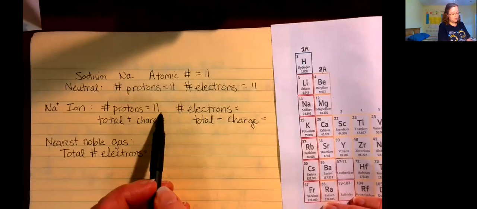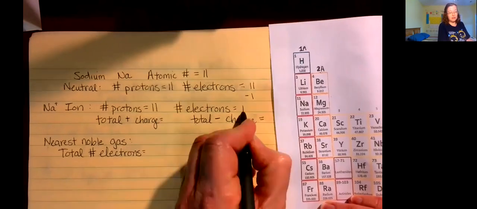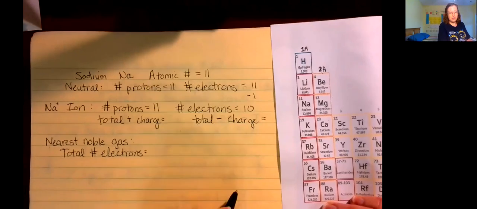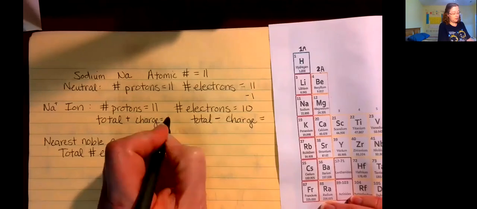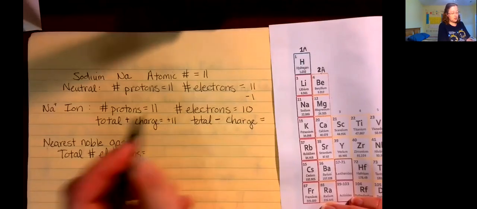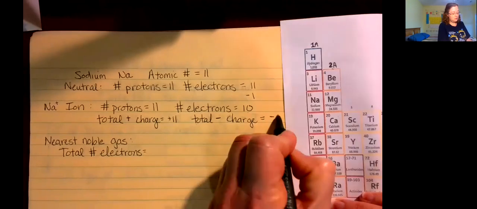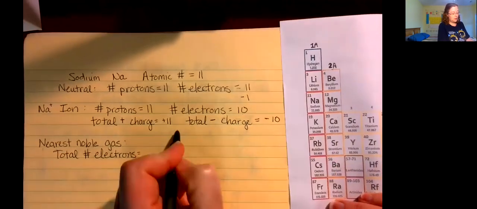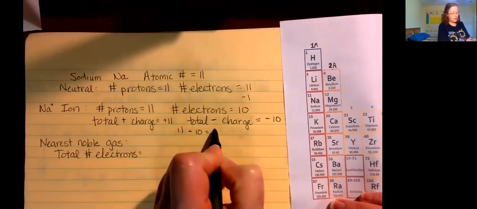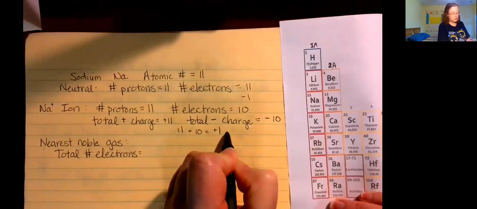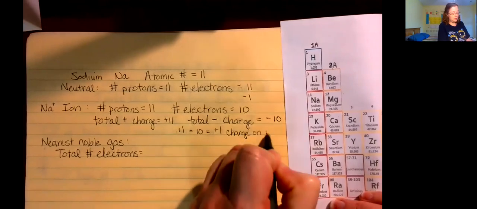Starts with 11, loses 1, so now it has 10 electrons. Its total positive charge is positive 11. Its total negative charge is negative 10. 11 minus 10 is equal to a positive 1 charge on the ion.